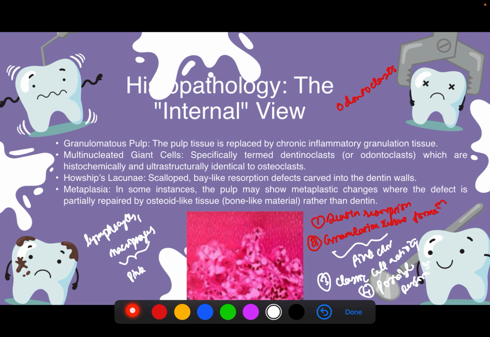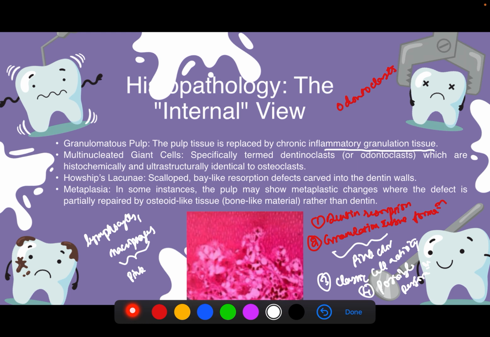So histologically, the key concept is that active odontoclastic destruction of dentine is replaced by vascular granulation tissue. The granulomatous pulp tissue space is replaced by chronic inflammatory granulation tissue. This is basically the summary of what we discussed till now.